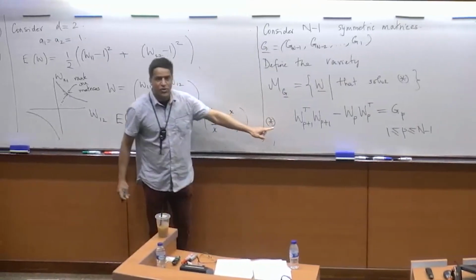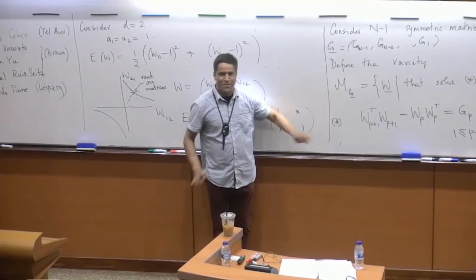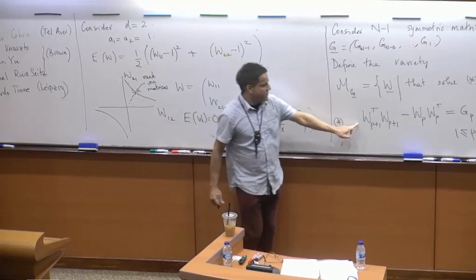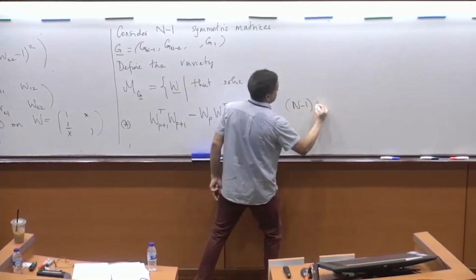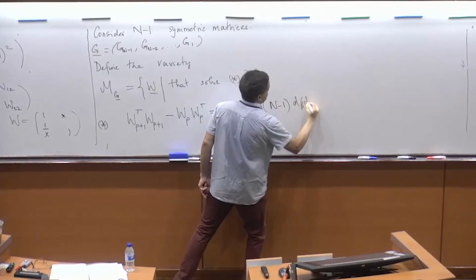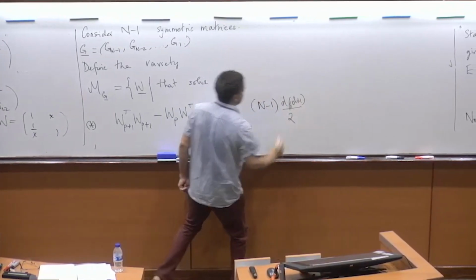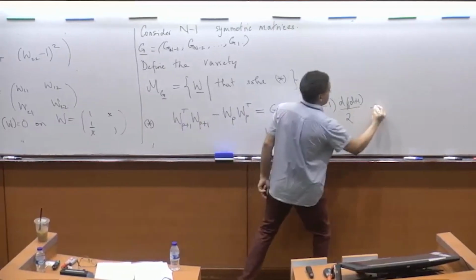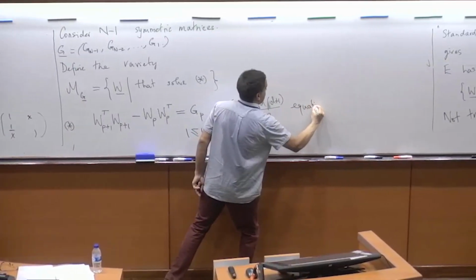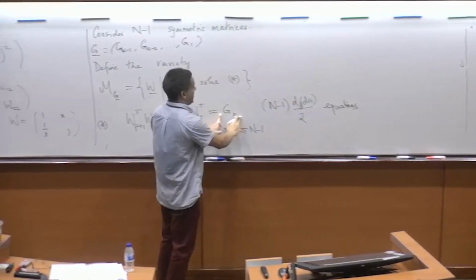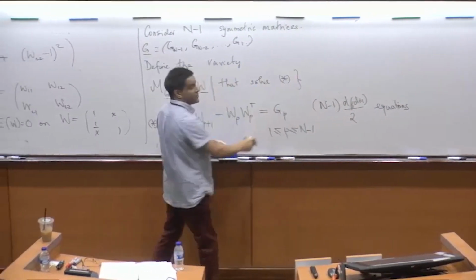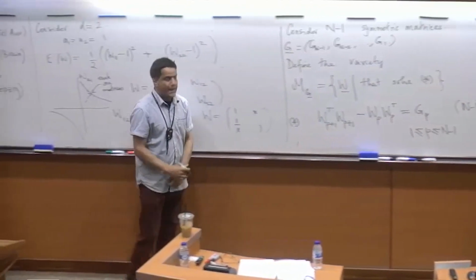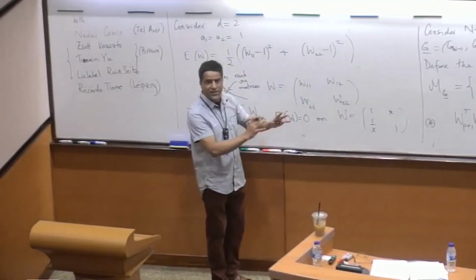So I've got a collection of equations. Somehow you just find this collection of equations. I've got n minus 1 times d(d+1)/2 equations. This is a symmetric matrix, and that's the dimension of symmetric matrices, and I've got n minus 1 of these equations. So that's just a definition.